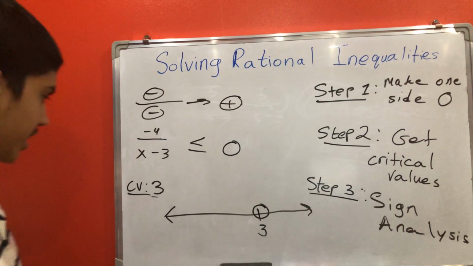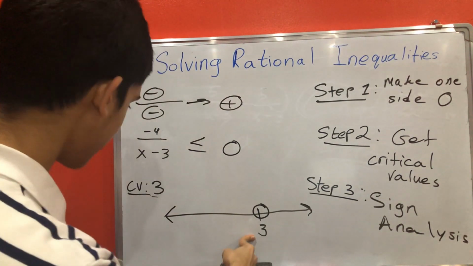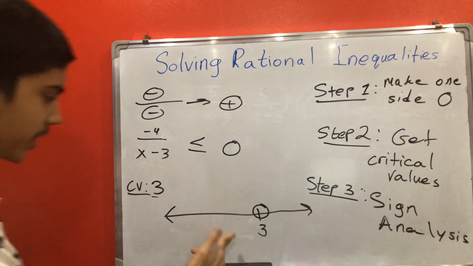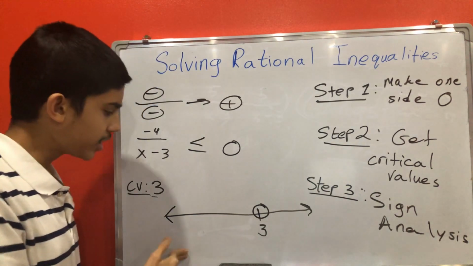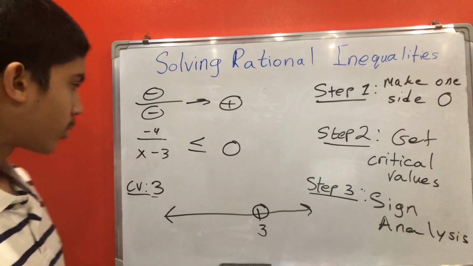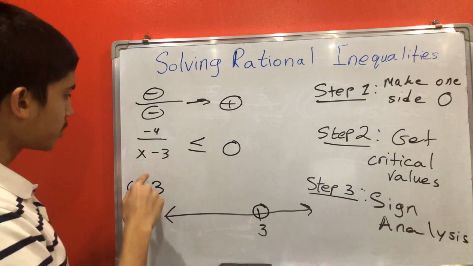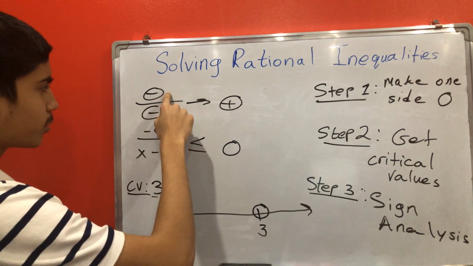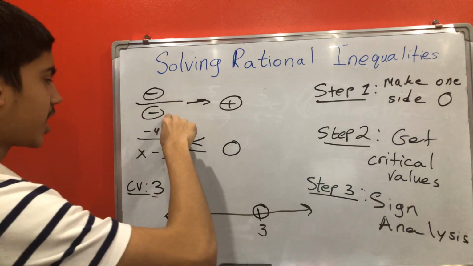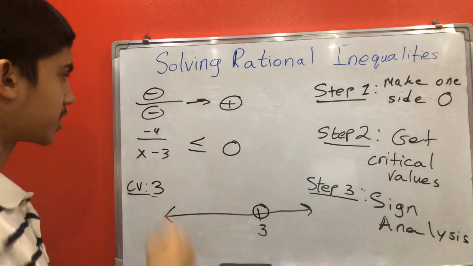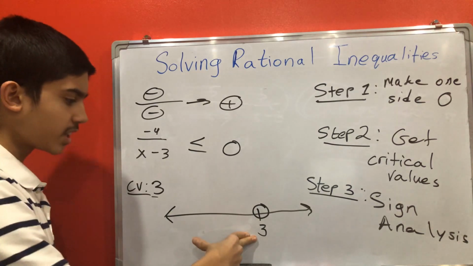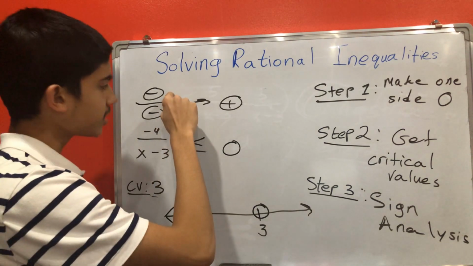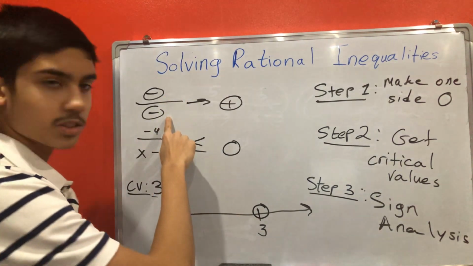So if our value is less than 3, we can choose any value. We can put 0, we can put negative 1, we can put 2.9, whatever we put for x, we're going to see what is the numerator, is it negative or positive, and the denominator, is it negative or positive. In this case, when we plugged in 0, the numerator is negative, and the denominator is also negative.